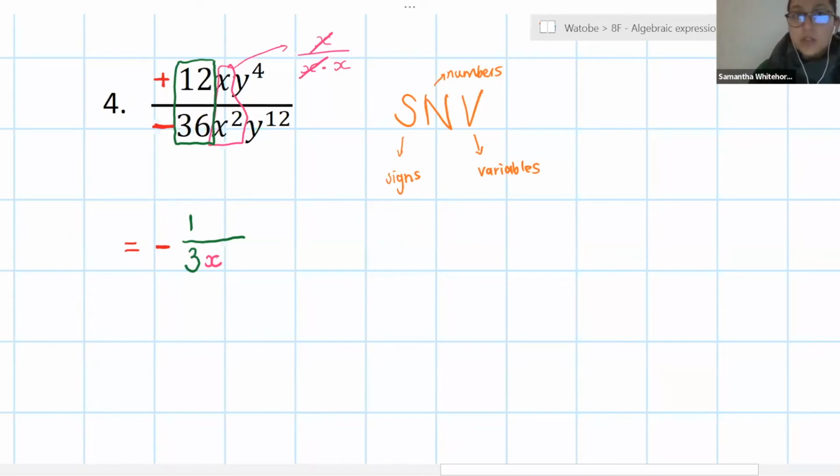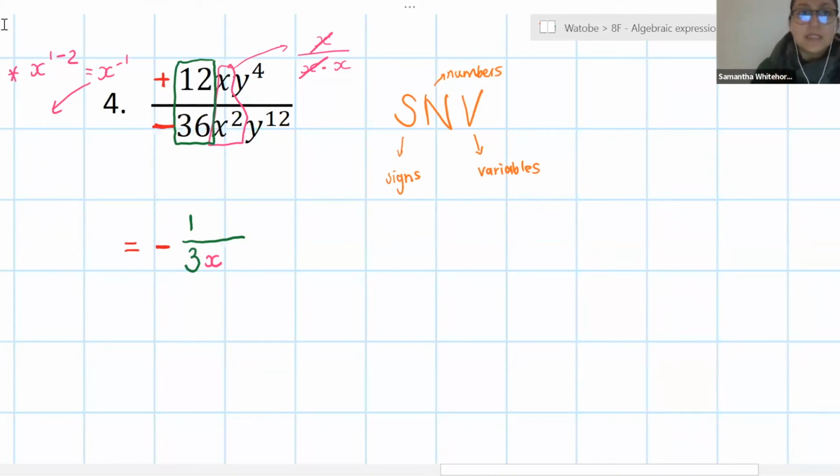If you want to use your exponent laws, that's cool. Remember, your exponent law when you divide is to take the numerator's exponent minus the denominator's exponent. Now you end up with a negative exponent, but we know negative exponents means a fraction. And so that's why my X is in the denominator there. But however you choose to do it is completely up to you.